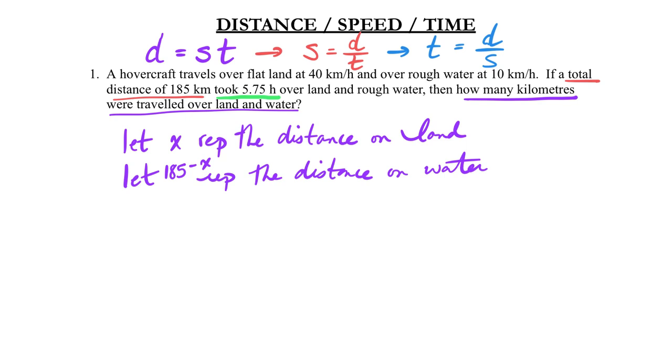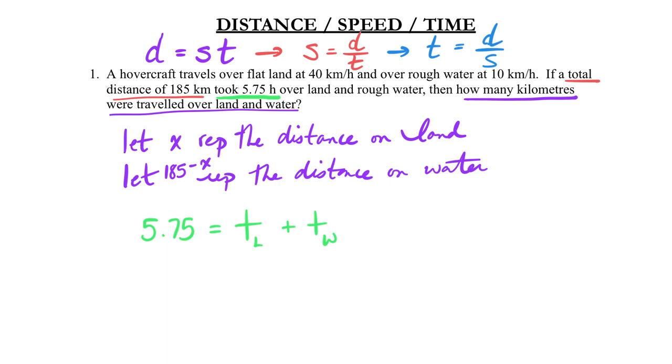Now, if I had to use some subscript, what I could end up saying then is I know that 5.75 would have to equal my time on land plus my time over water. And so I could build an equation like you see in green if I was able to come up with expressions that represent time in both cases, land and water.